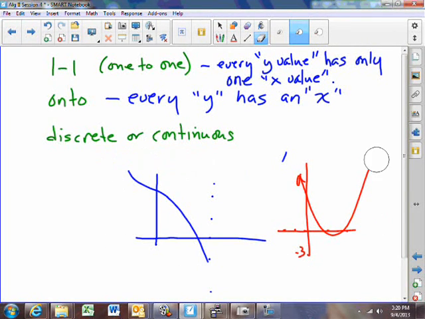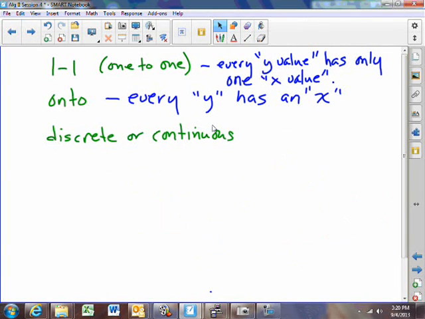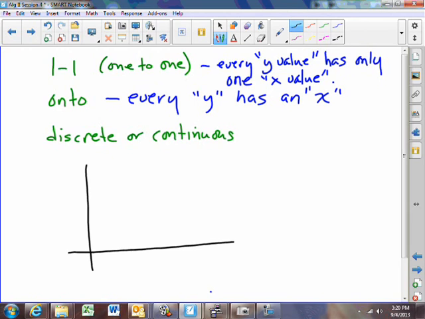Discrete versus continuous. Well, now continuous is a pretty obvious concept. If you have a graph that's continuous, what that means is there is a smooth curve or a straight line that describes the graph. It's connected. It is continuous.